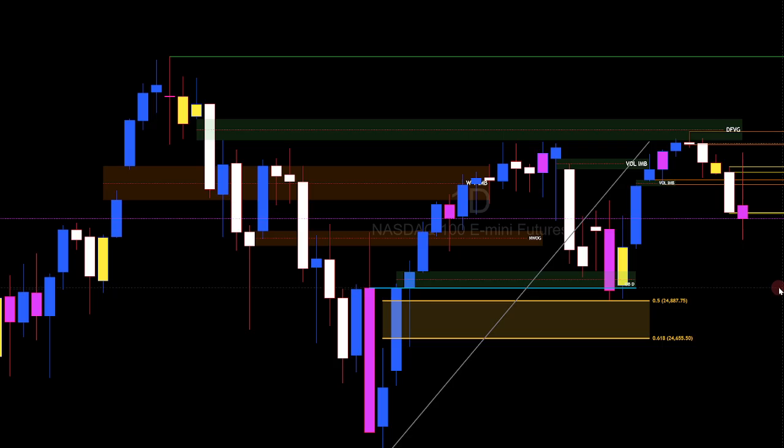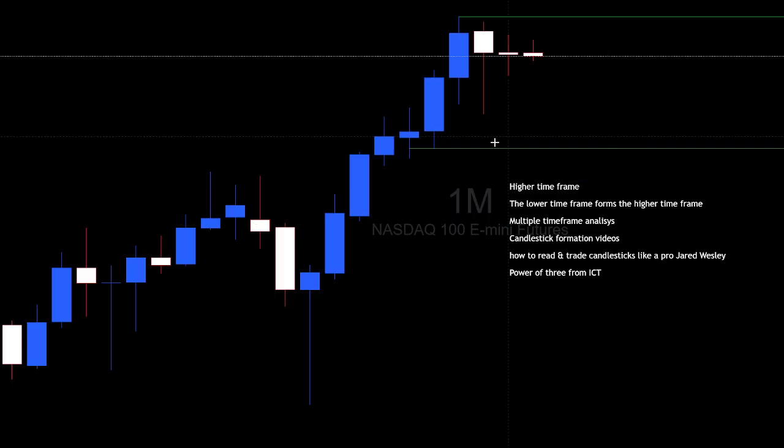But to do that, you need to understand the candle formation, how a lower time frame is gonna form the next time frame, and so on until you reach a higher time frame. In this case, the month, it could be the 2 months, 3 months, 4 months, you know what I'm talking about.